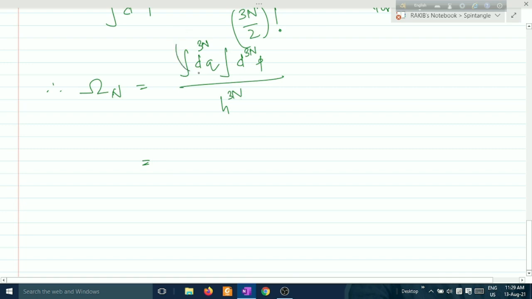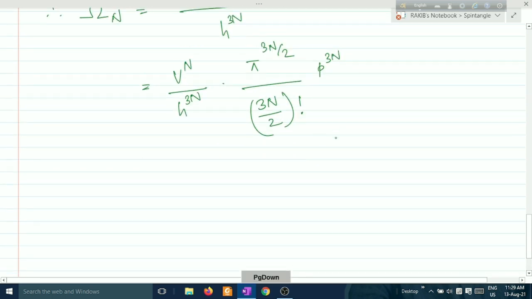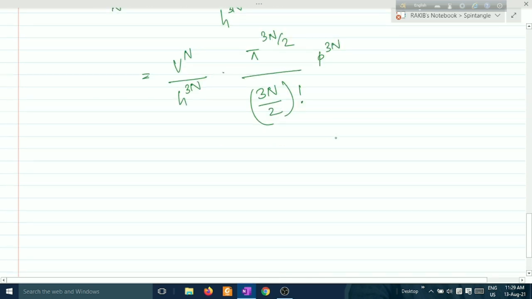The value of d3nq is v to the power n upon h to the power 3n, and the value of d3np will be pi to the power 3n by 2, in the denominator 3n by 2 factorial, and here p to the power 3n. I think this is correct.